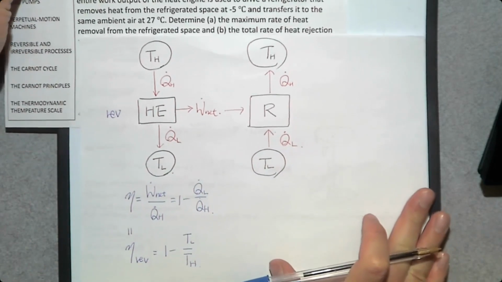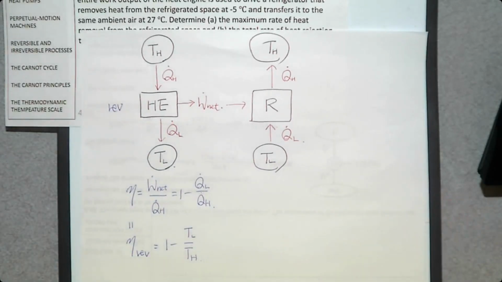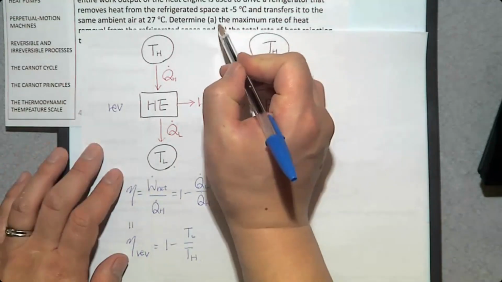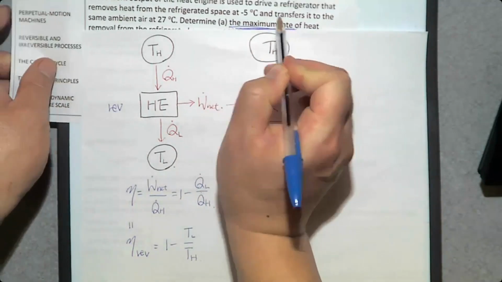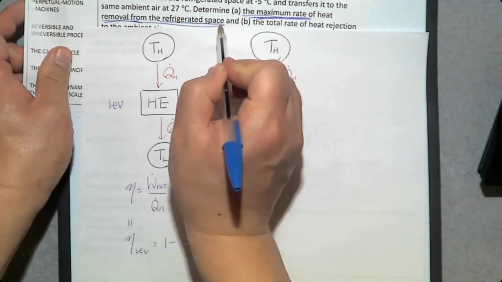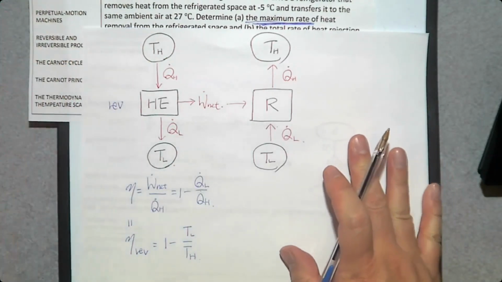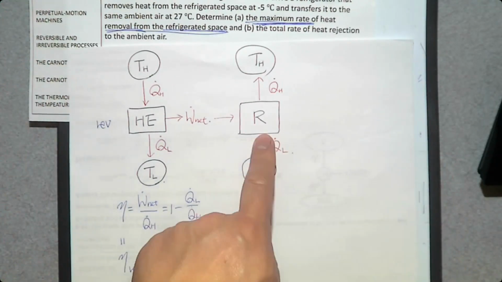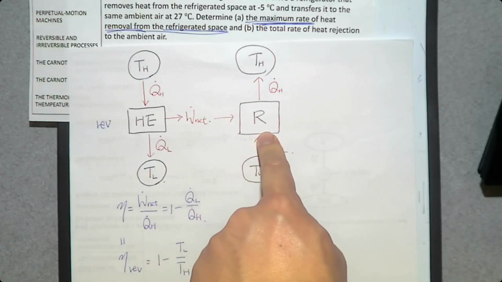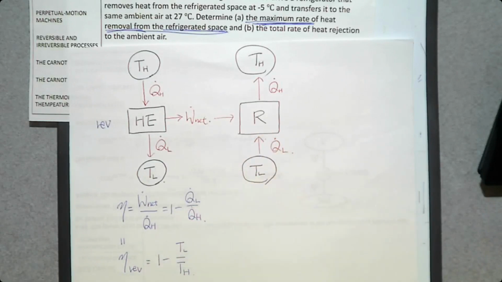And what about the other one? Determine the maximum rate of heat removal from the refrigerated space, when this refrigerator can absorb heat at the maximum rate. This one is a Carnot heat engine.